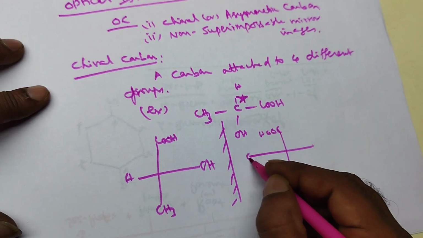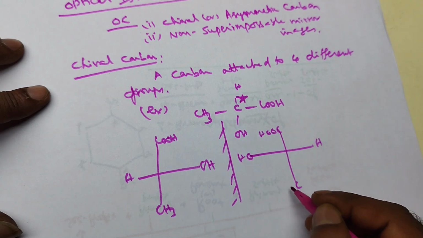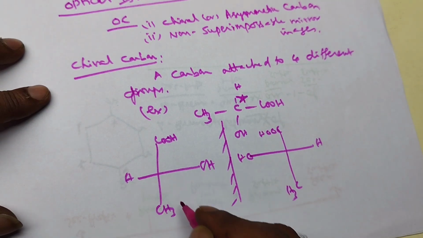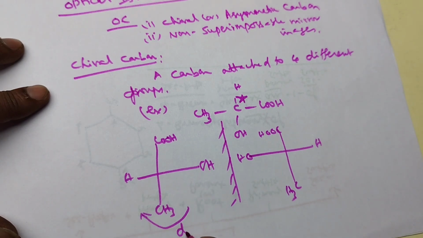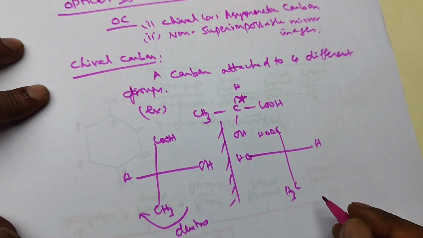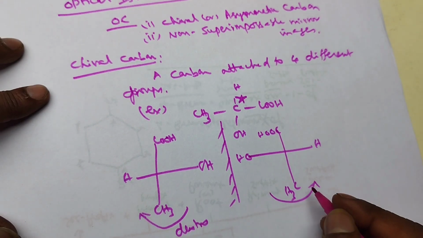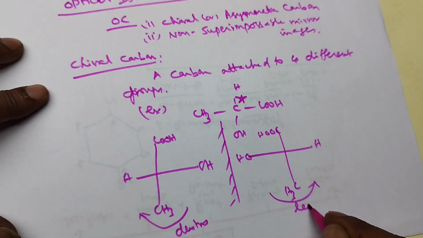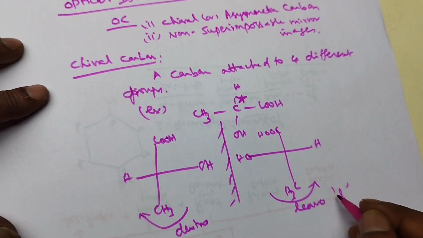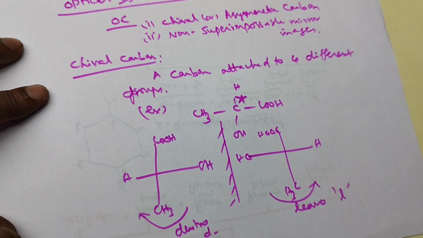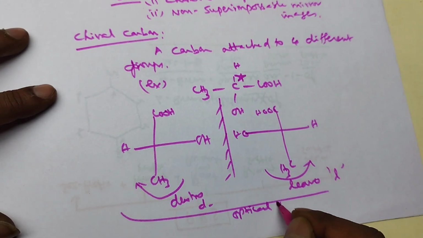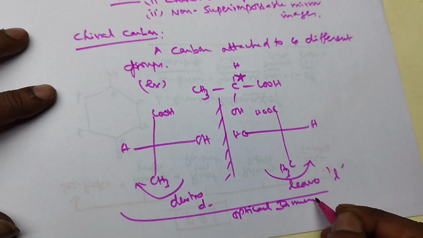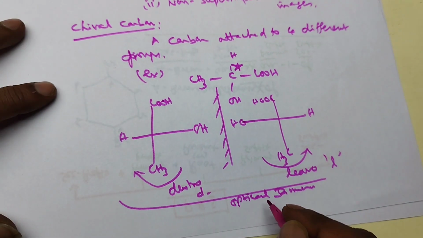One form rotates plane polarized light clockwise, and it is called the dextro form. The other rotates plane polarized light anti-clockwise, which is levo-rotation, or simply the L notation. This is the D form or L form, and these two compounds are called optical isomers, or enantiomers.